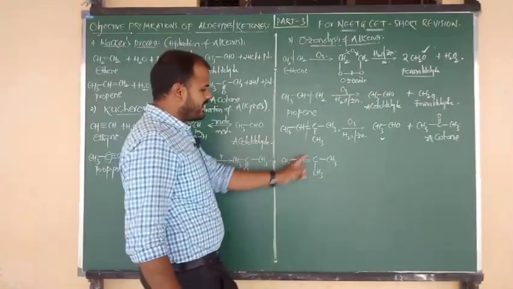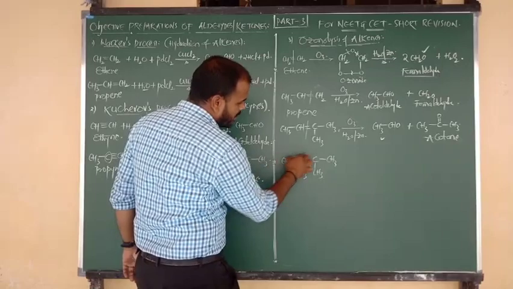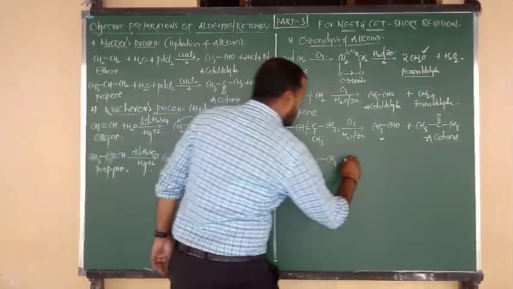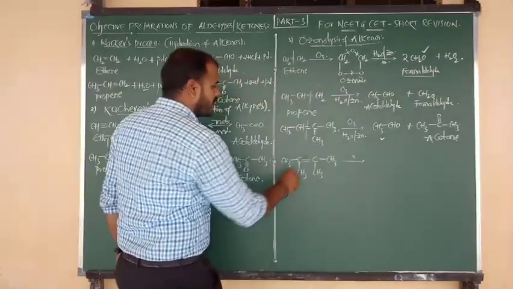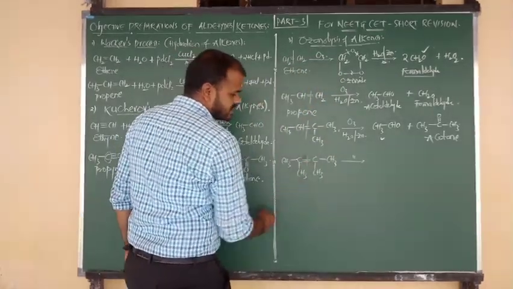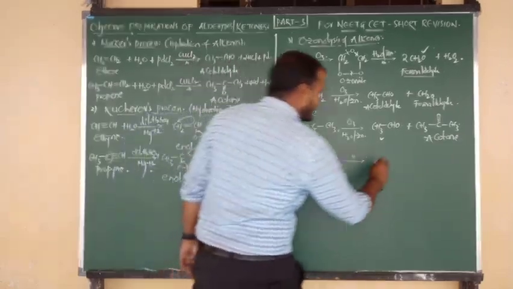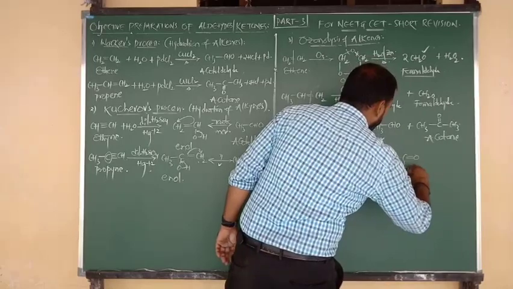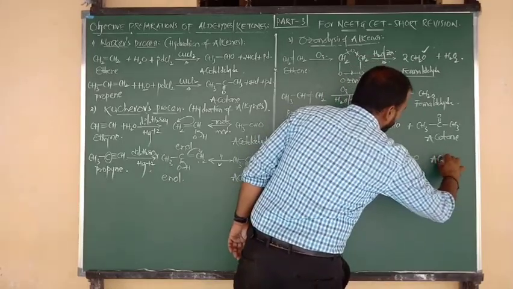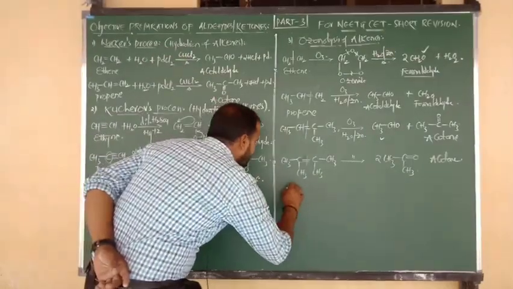So 2,3 dimethyl 2-butene. Same thing, beta, upon ozonolysis, cut the double bond, 2 sides 2 oxygen, CH3 C double bond O CH3, CH3 C double bond O CH3. It means here you are going to get 2 moles of acetone. What will be your final product? 2 moles of acetone.